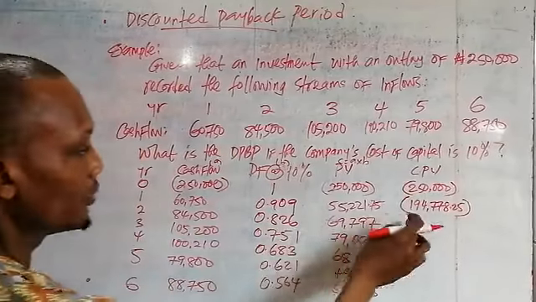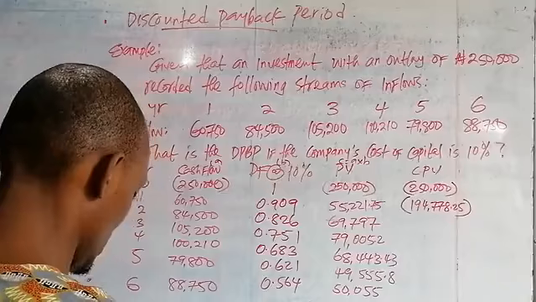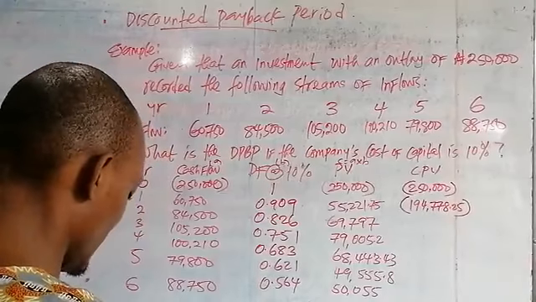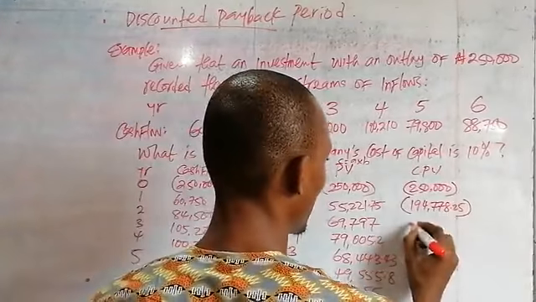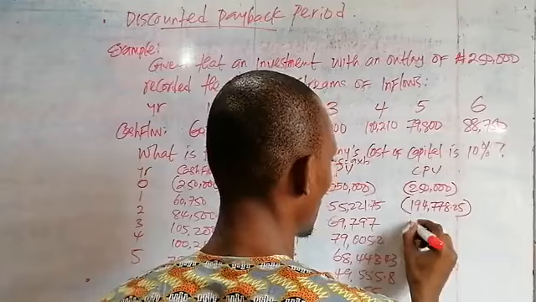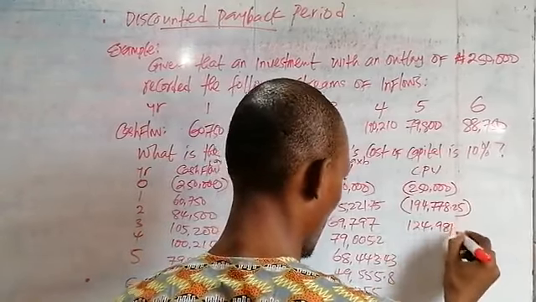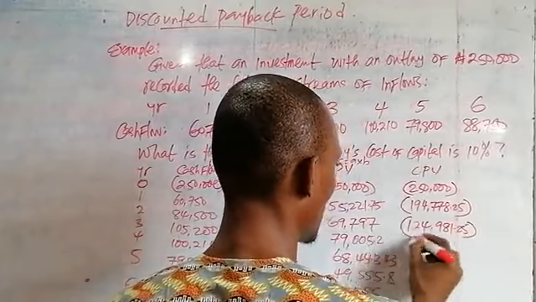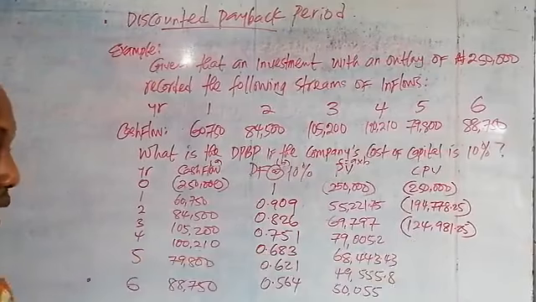In year two, this minus 69,797, we have 124,981.25. It means at the end of year two, we still have this money left to realize.